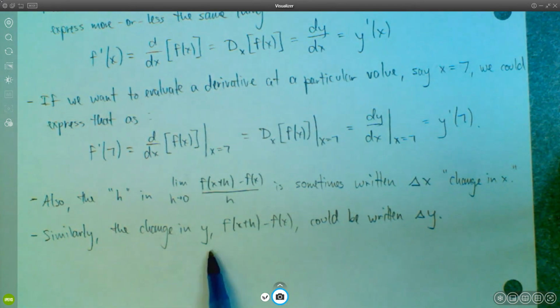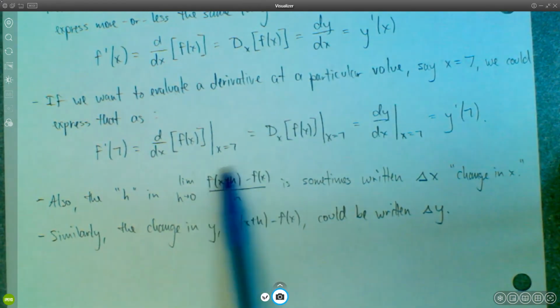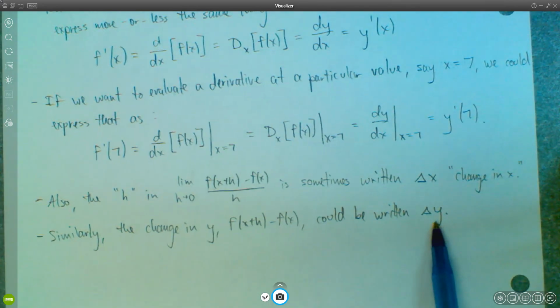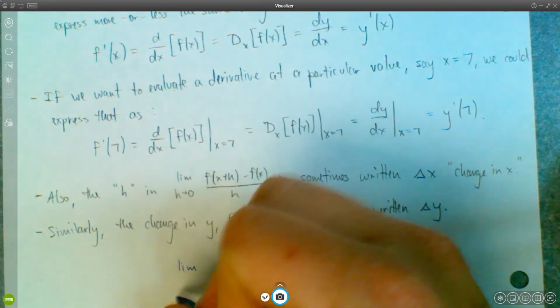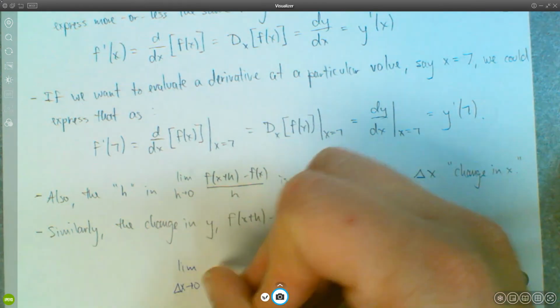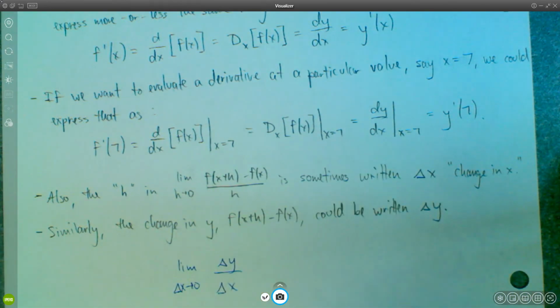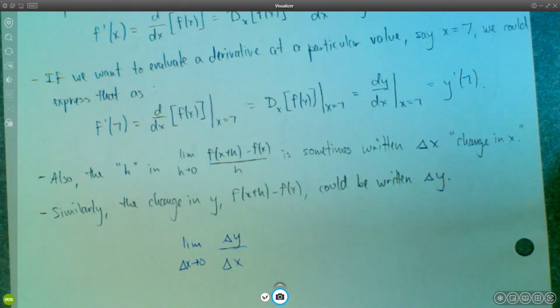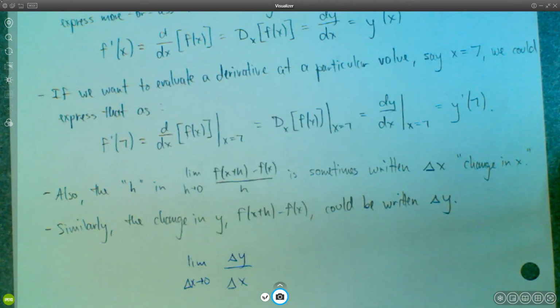Similarly, the change in y, which you can think of as the numerator, that whole thing could just be replaced with a delta y, right? So sometimes people write this as limit as delta x approaches 0 of delta y over delta x, which is a really nice short way of expressing the idea. But when it comes to actually performing the calculation, you end up having to unpack this anyway. So I don't know if it's particularly useful, except that it's a shorter way to write it down.